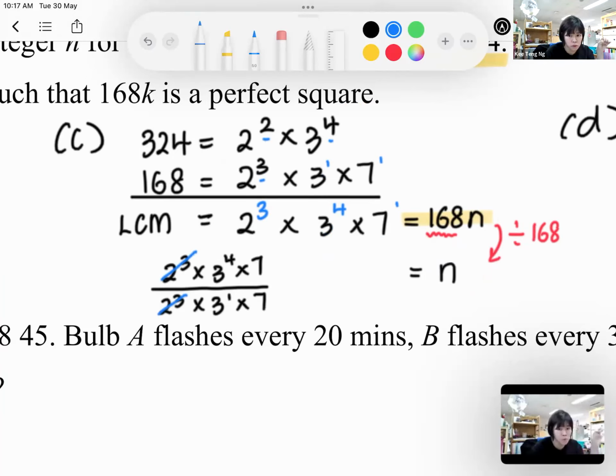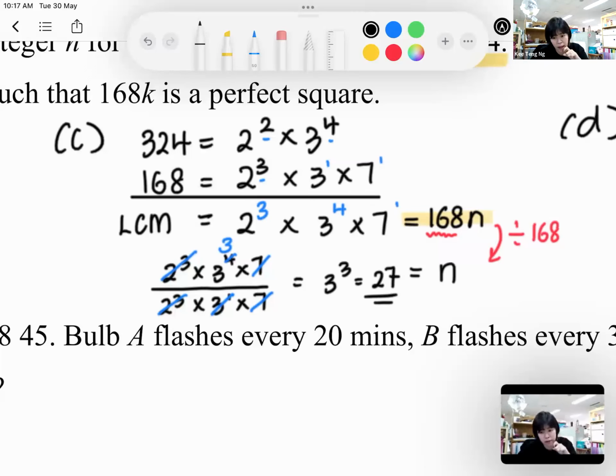On top got 4, bottom got 1, I cancel, left with 3 to the power of 3. 7, I cancel away. Then my answer gives me just 3 to the power of 3, which is the number 27. 3 to the power 3 is not 9. 3 to the power 3 is 3 times 3 times 3. So 3 to the power 3 is 27.